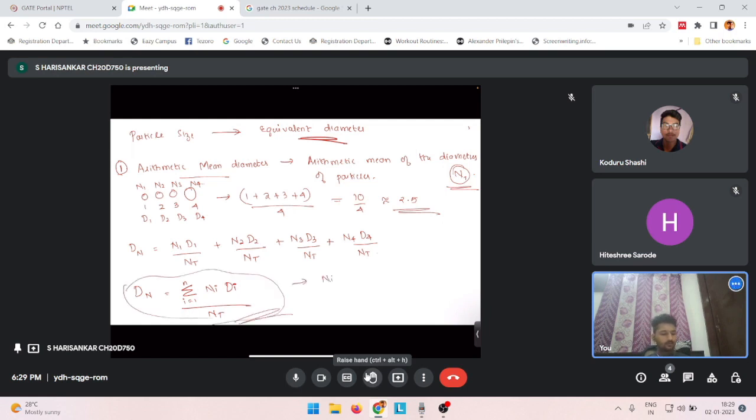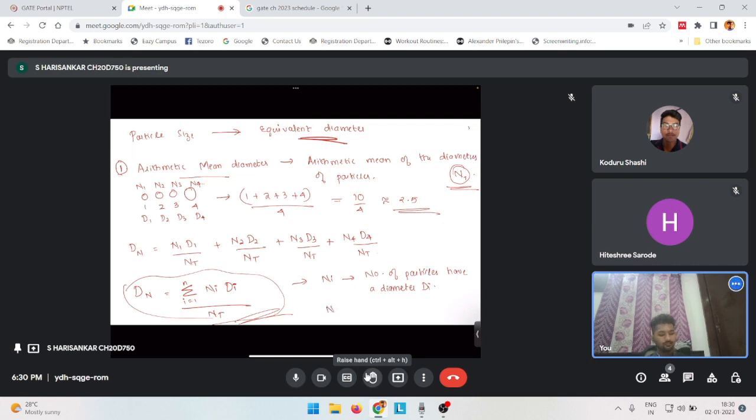where ni is the number of particles having a diameter di. So n1 will be the number of particles having the diameter d1, n2 will be the number of particles having a diameter d2, and so on.